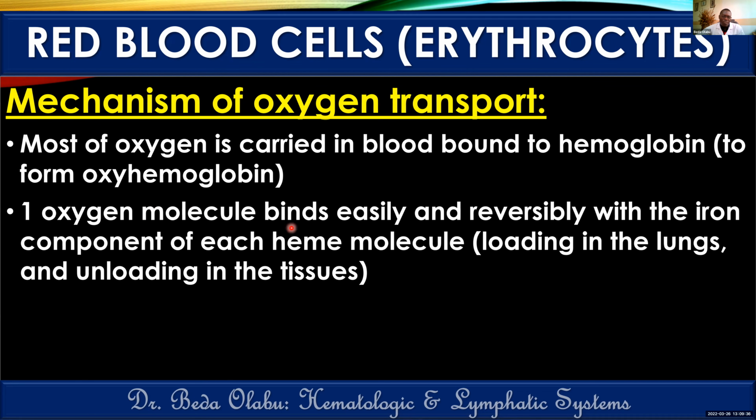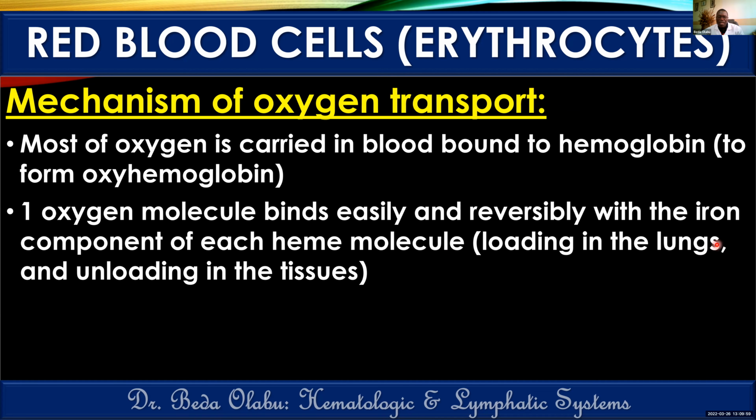One molecule of oxygen usually binds easily and reversibly with the iron component of the heme molecule. So this binding, forward and reverse, is very easy, but it depends on the environment.